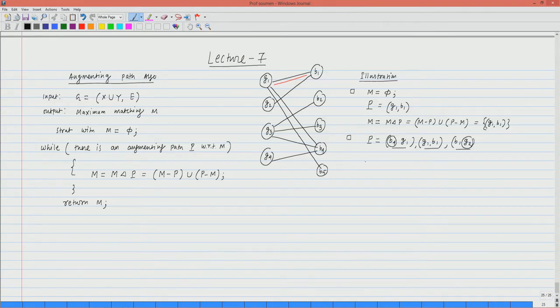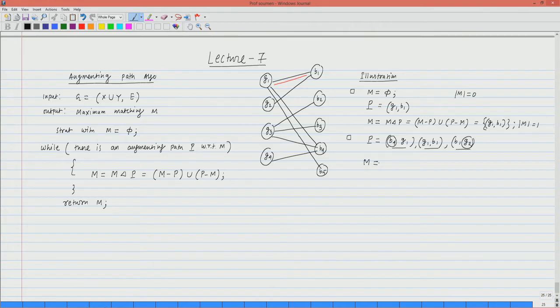So, you update your M now. As I said, every time you update M, the cardinality of M will increase by 1. Initially the cardinality of M was 0, and then the cardinality of this matching is equal to 1. Now, the cardinality of this matching will become 2.